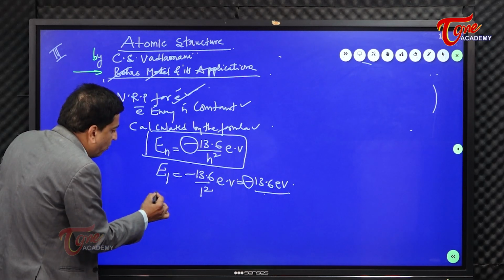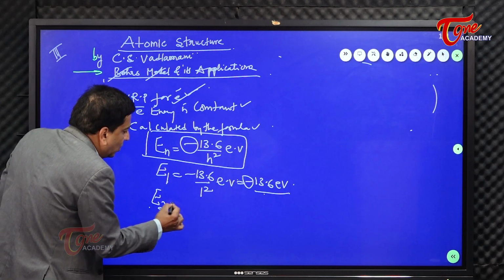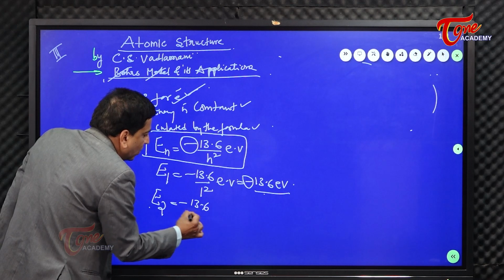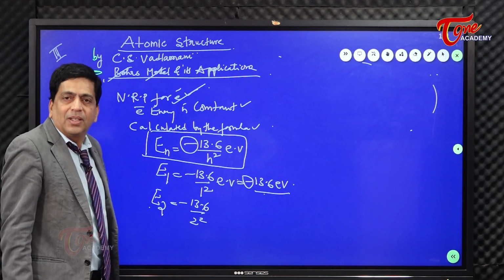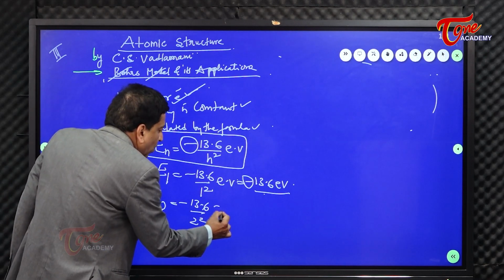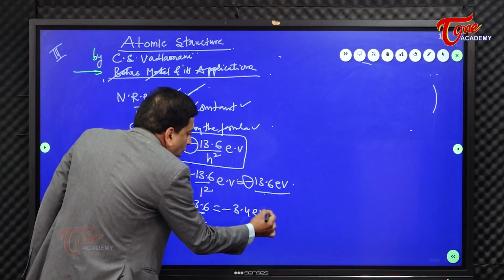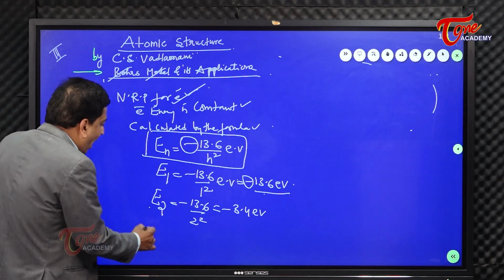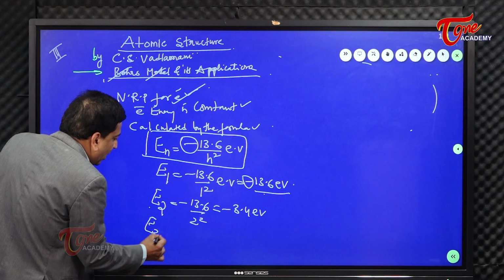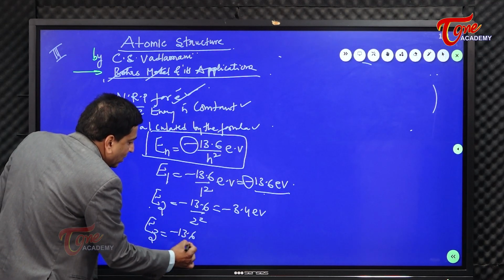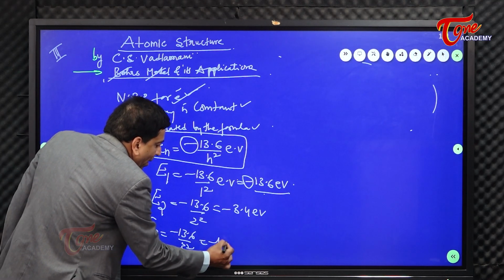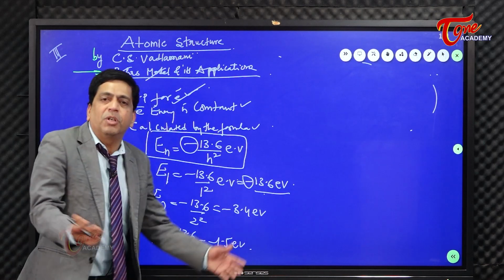Now suppose you want to find E2, that is -13.6/2², which equals -3.4 electron volts. And if you want to find E3, that is -13.6/3², that is -1.5 electron volts, you must understand.